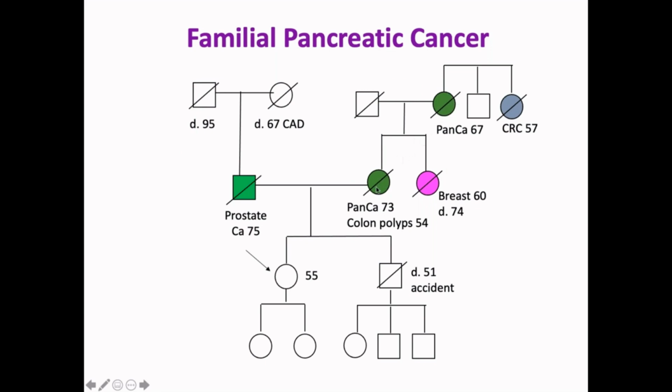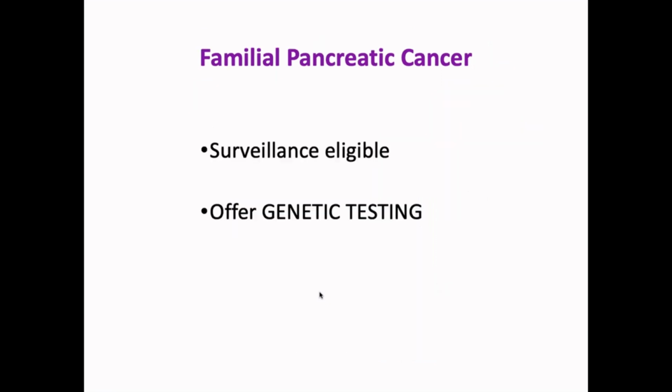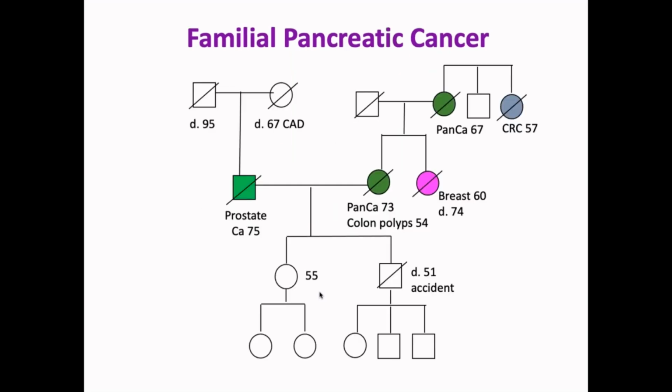Two individuals in close relation to each other, and this is an individual who comes in to see us. This family would be identified as a familial pancreatic cancer kindred, and there are a number of implications for this individual who presents to see us. One, this individual will be eligible for pancreatic cancer screening and also eligible for germline testing for inherited cancer susceptibility genes associated with pancreatic cancer.